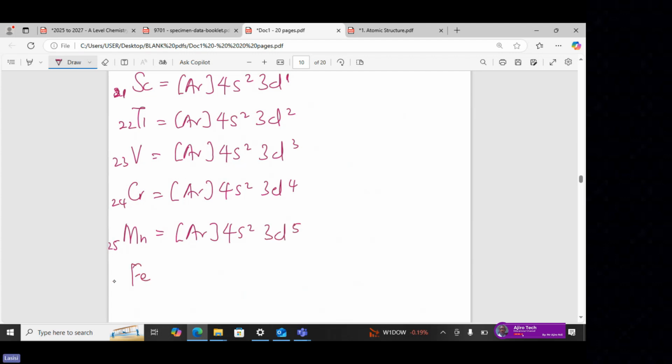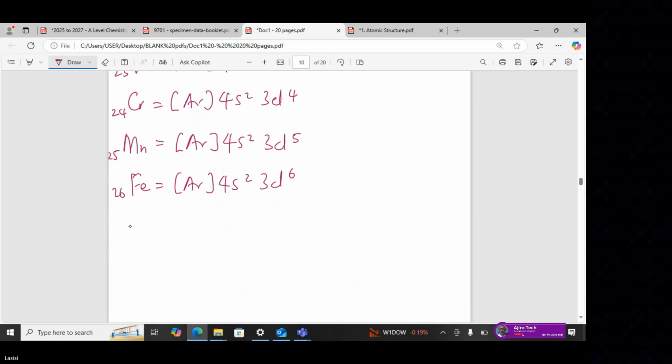Iron is number 26: argon 4s2, 3d6. Then cobalt is number 27: argon 4s2, 3d7. Nickel is number 28: argon 4s2, 3d8.